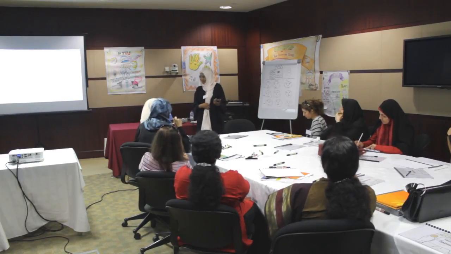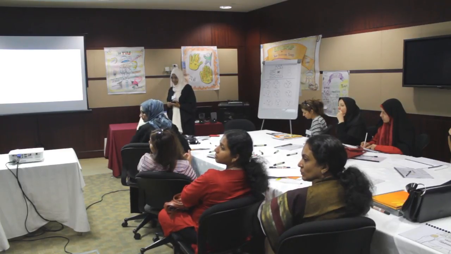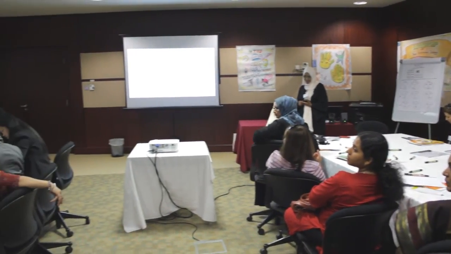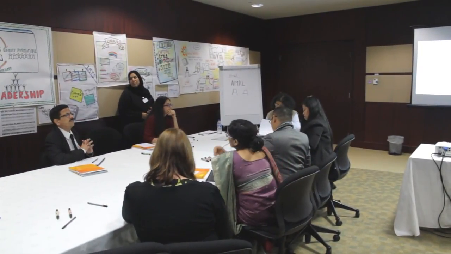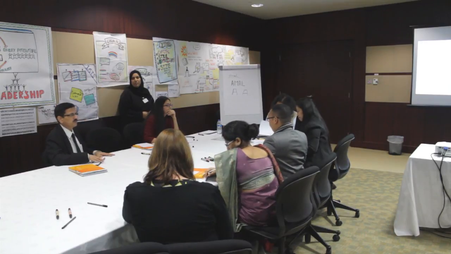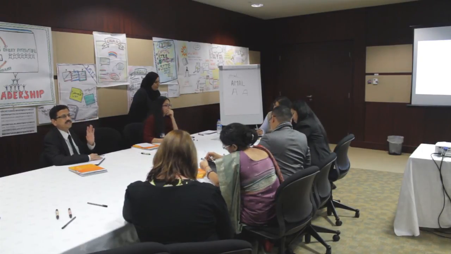I would like to share my experience of a school wherein a grade 3 child, very fidgety, very naughty, teachers found it very difficult to keep him under control. Then we realized he is good at drawing, and that he is doing visual harvesting himself.